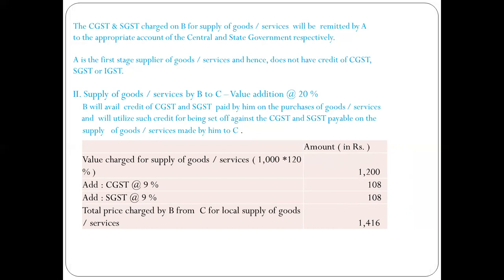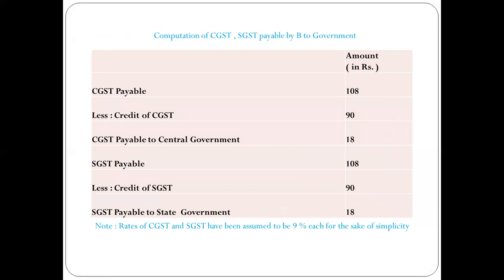Value charged for supply of goods or services is 1000 plus 20%, that is 1200 rupees. You can see here, add CGST at 9%, that is 108, add SGST at 9%, that is 108. The total price charged by B from C for local supply of goods or services is 1416. Now we come to another slide, computation of CGST and SGST payable by B to government.